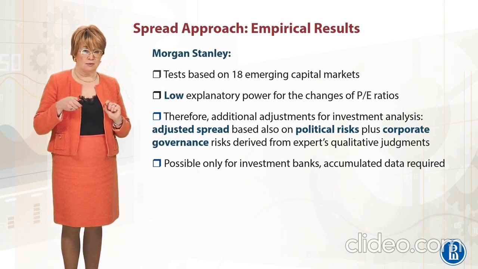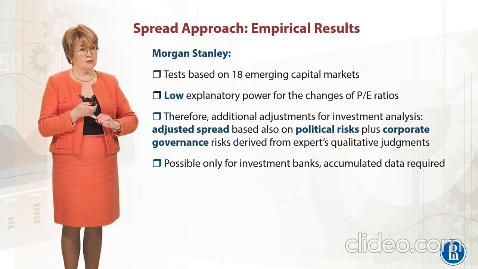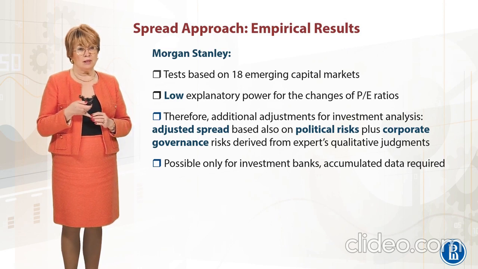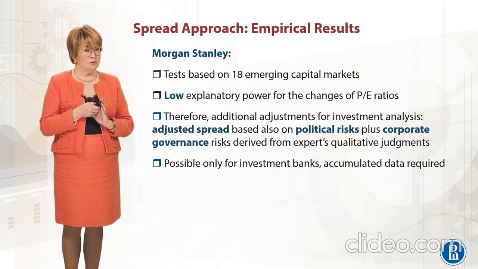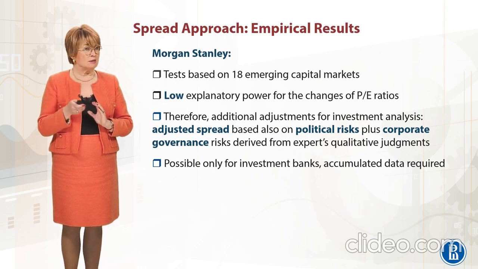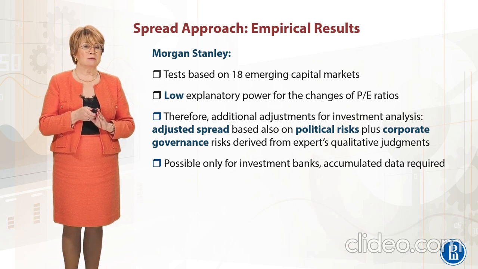Empirical research shows some conclusions about that technique, how to adjust the capital asset pricing model with the spread approach. The investment bank Morgan Stanley made several research papers on this and made several test beds on different emerging capital markets, as you see here.